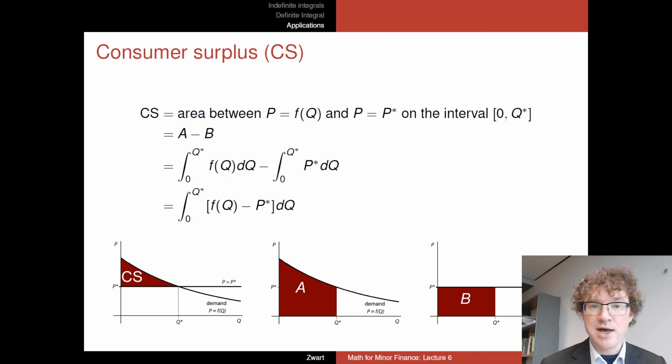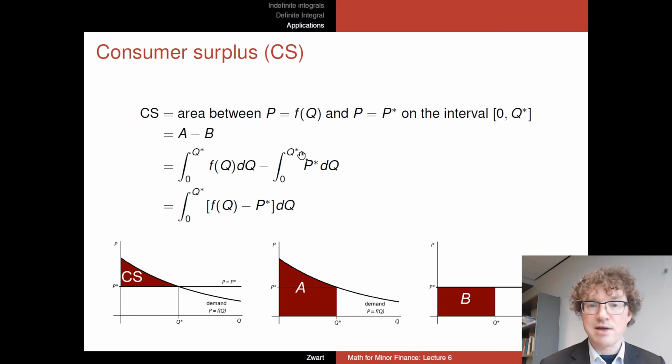Again, what's the area A? Well, area was the definite integral, so the definite integral of the demand curve, F of Q, evaluated between Q equals 0, left-hand boundary, and Q equals Q star, the equilibrium quantity on the right-hand side, minus area B, which is the area below the constant price P star, a constant equilibrium price.